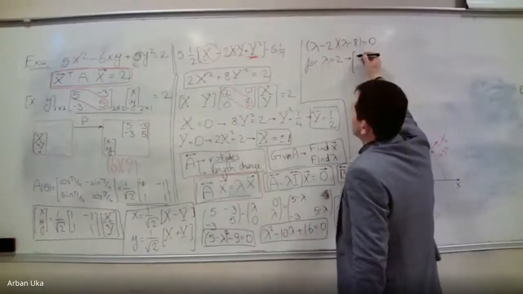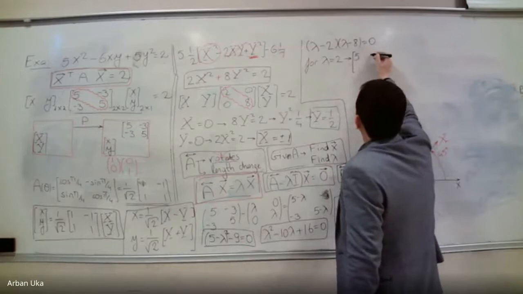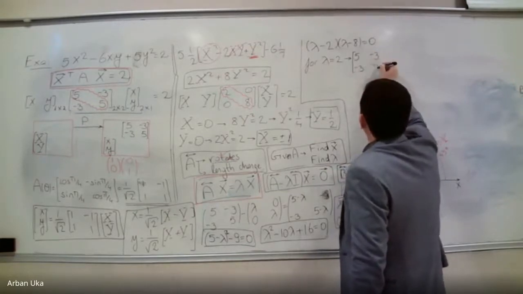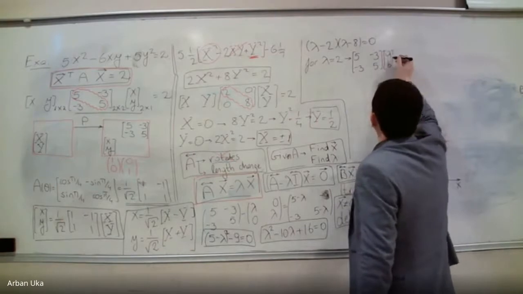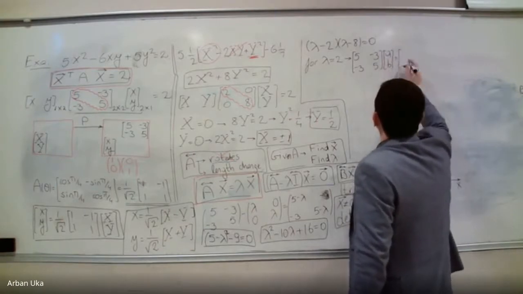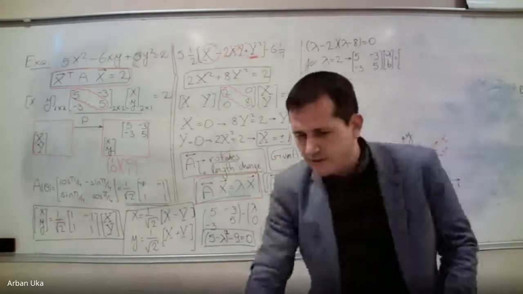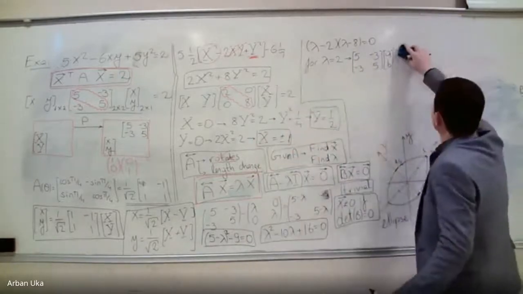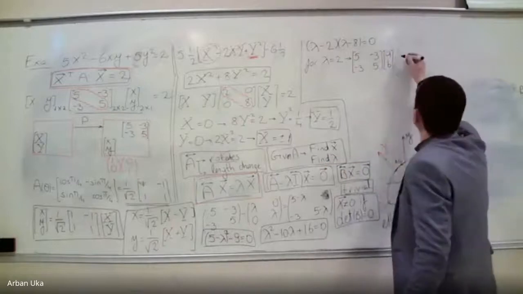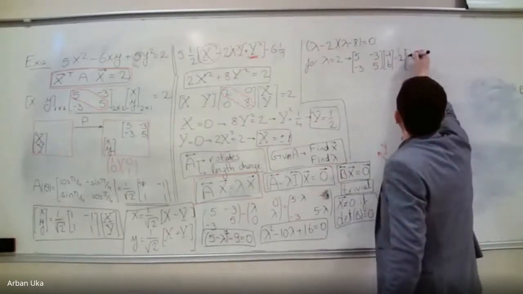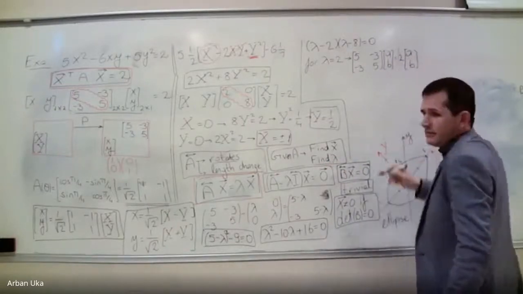Okay, so here we have 5, -3, -3, 5 times a, b, and this is equal to, what is this? This is 2 times a, b.